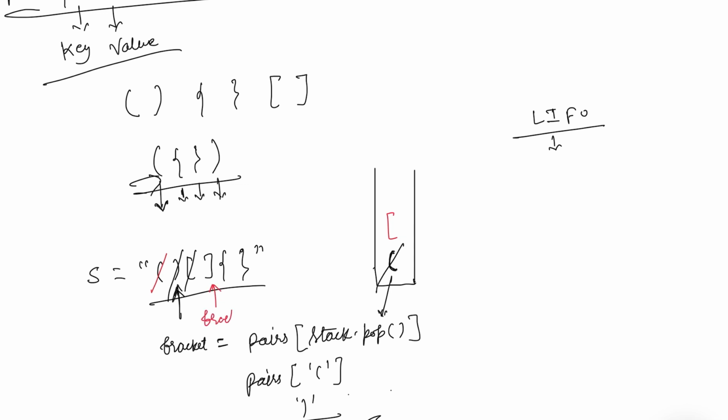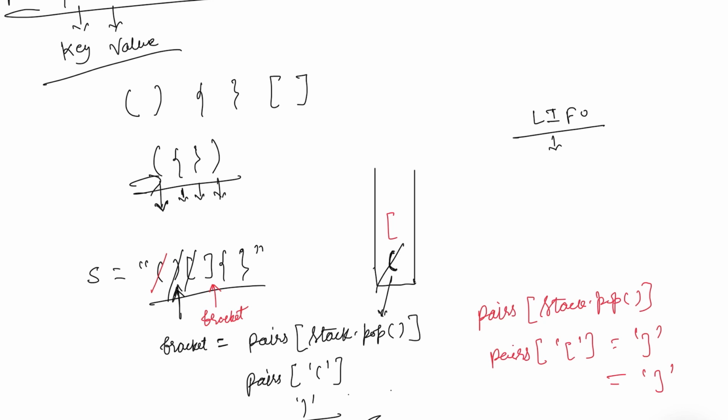So we will pop from the stack, stack dot pop. So what will come here? For opening bracket, its value is closing bracket, this one, and here bracket is also closing bracket, equal to. So this will be popped. We have to just continue.